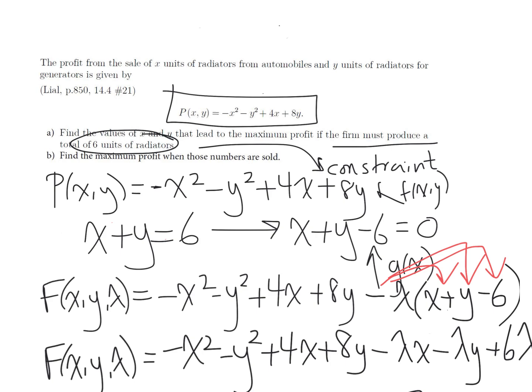Our last and final step is going to be finding out what that maximum profit is by substituting those values of x and y into that original profit function. Okay, so P at 2 and 4. That's our last step here.